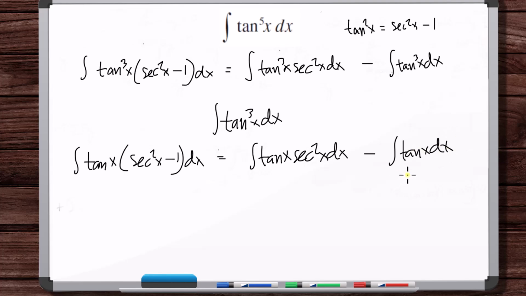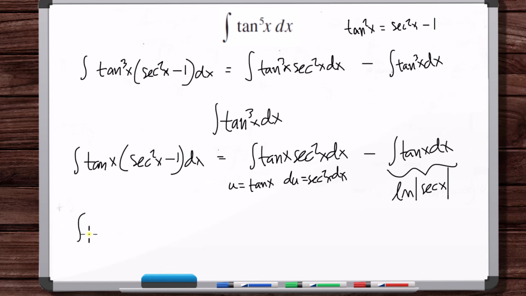Okay, so the textbook gives us the integral of tangent x. This is the natural log of the absolute value of secant x. Here we say that u is equal to tangent x, so du is equal to secant squared x dx. So this is the integral of u du, 1/2 u squared.